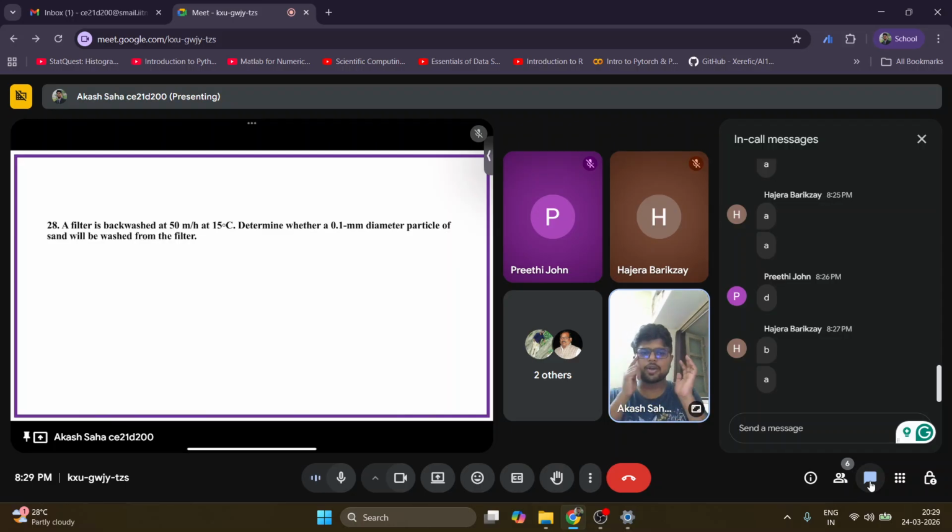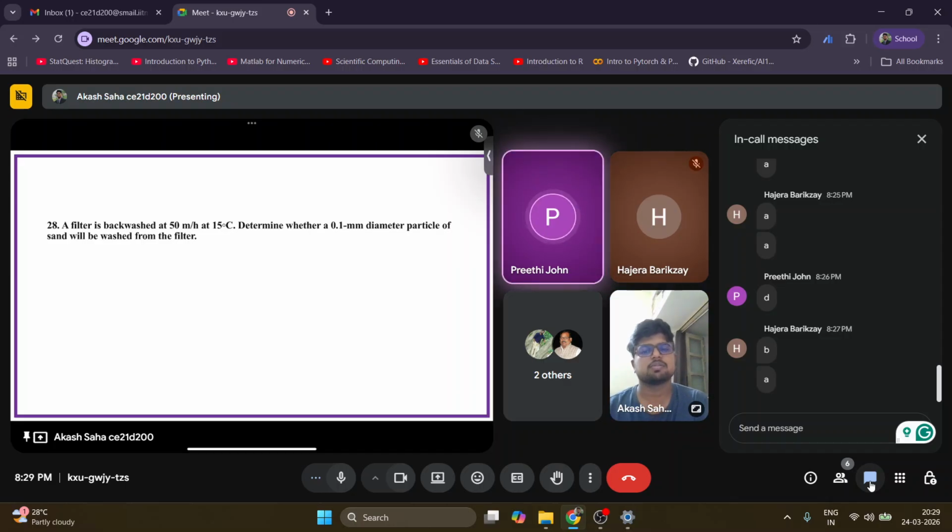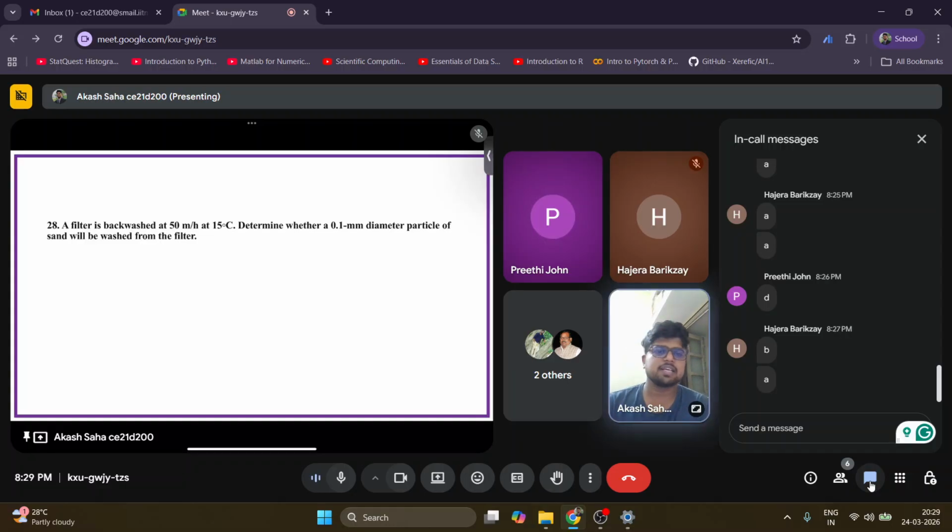Forget everything you have learned about backwashing or depth filtration. Just by basic physics concept, how will you solve this? The settling velocity of the particle should be less than the backwash velocity, that is true.